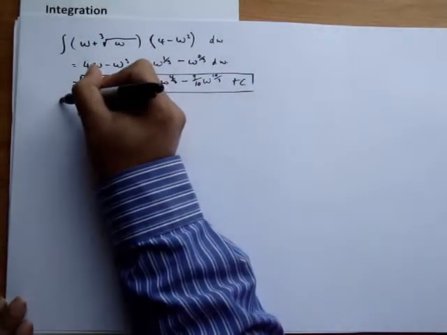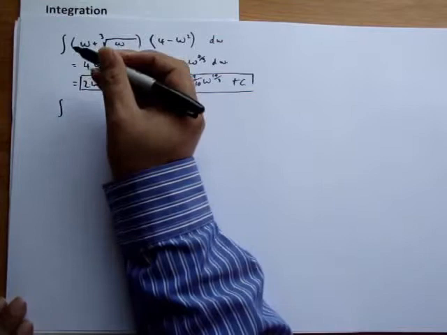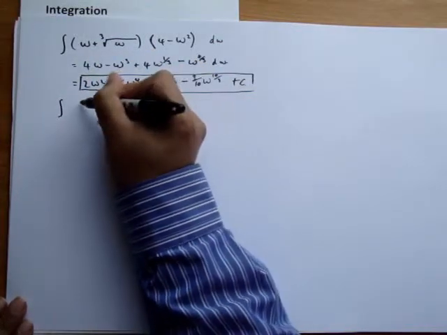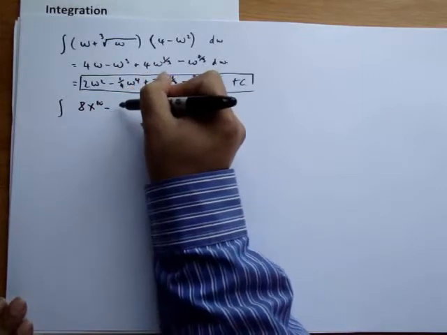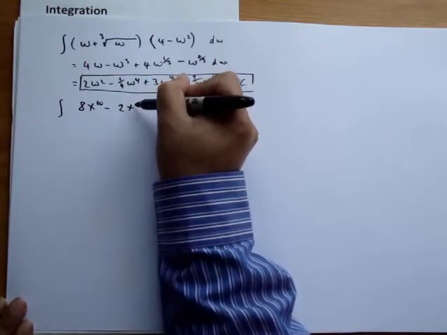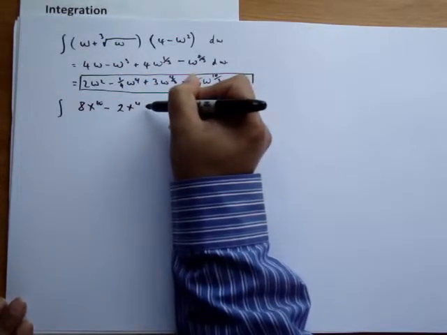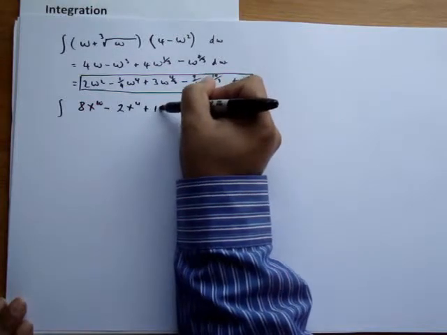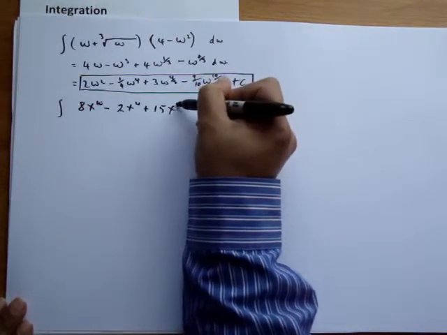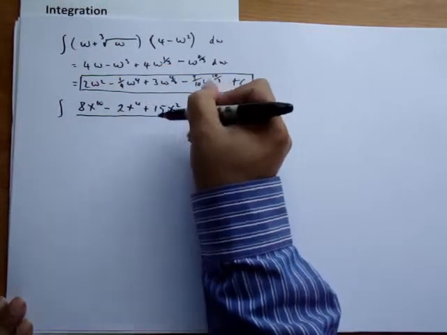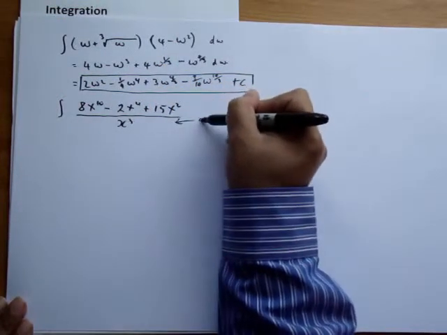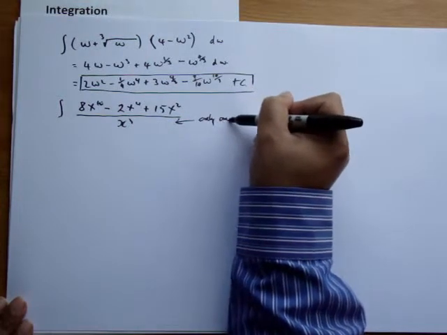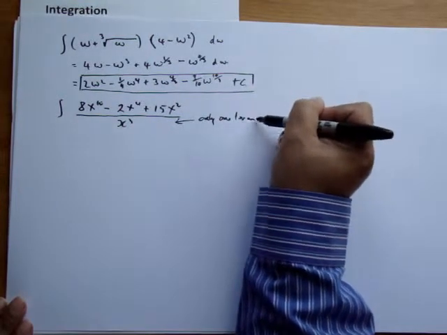When we have an integral over just one term in the denominator, like 8x to the 10 minus 2x to the power 4 plus 15x squared all over x cubed. So here only one term. That's quite important.